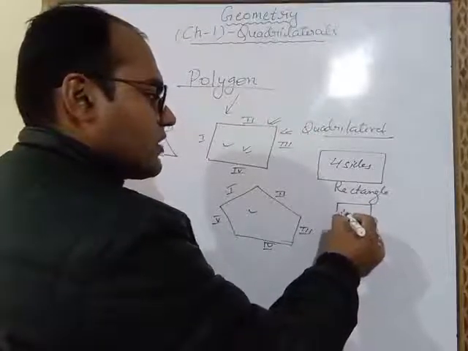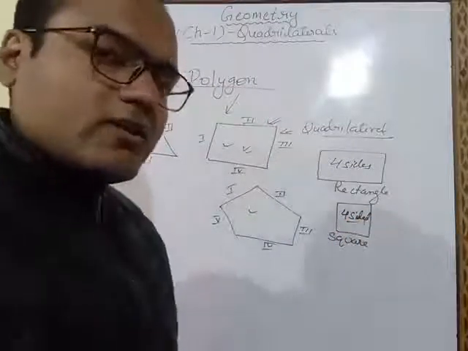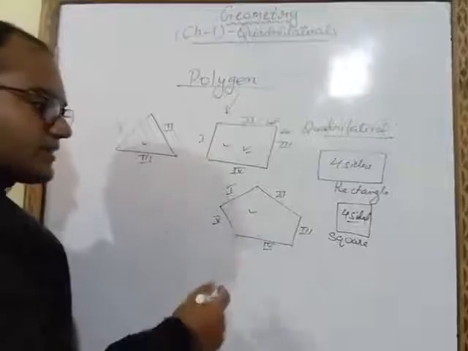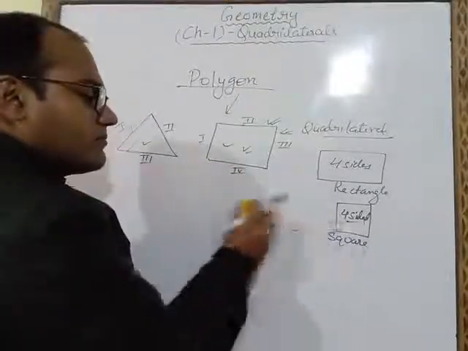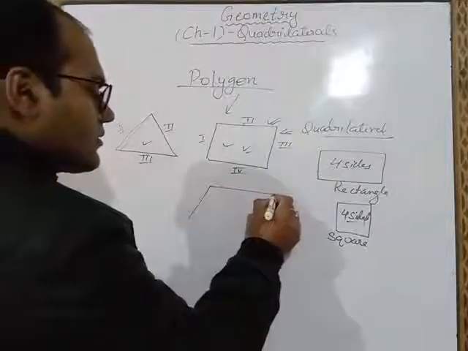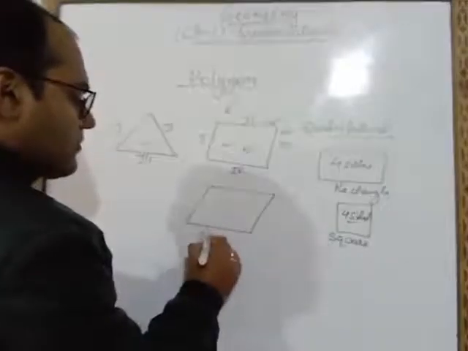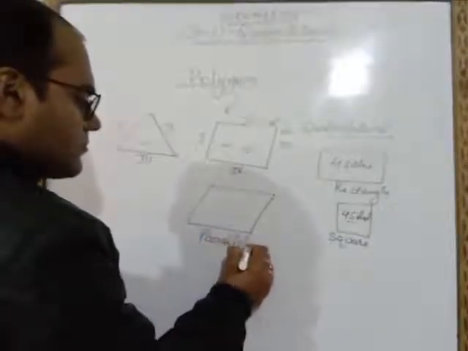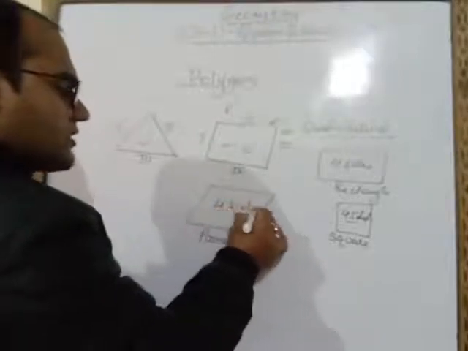Another example is a square. It is also a four-sided figure. That's why it is also a quadrilateral. Another example of quadrilateral is the parallelogram. It is also a closed figure with four sides.